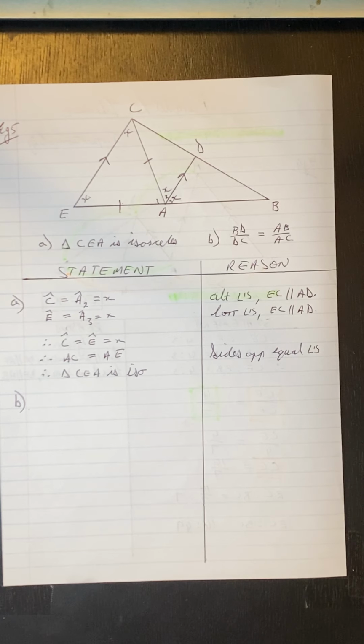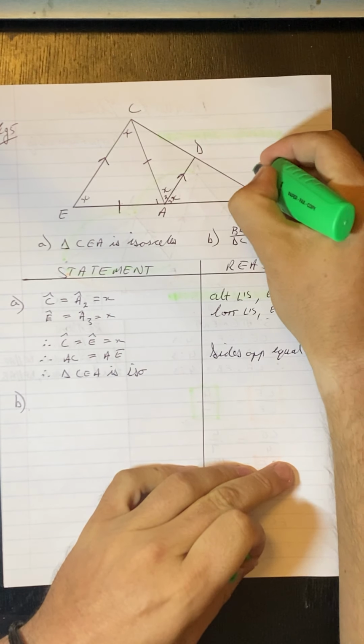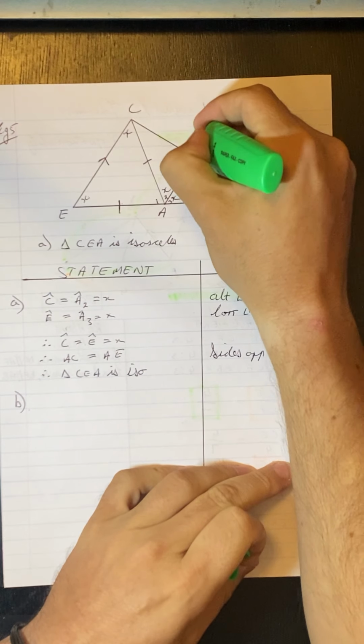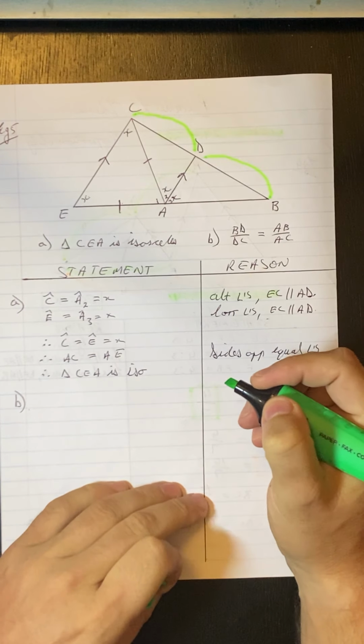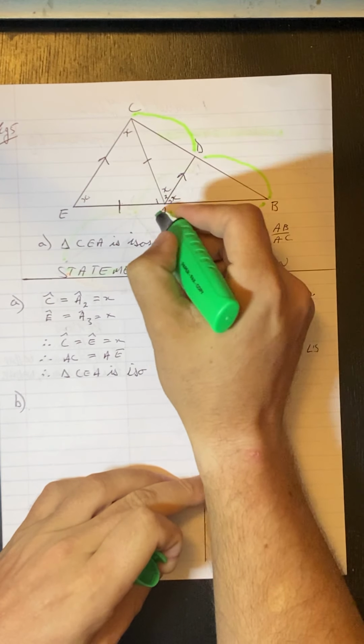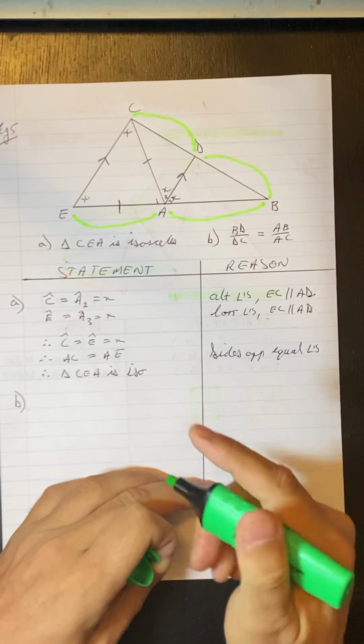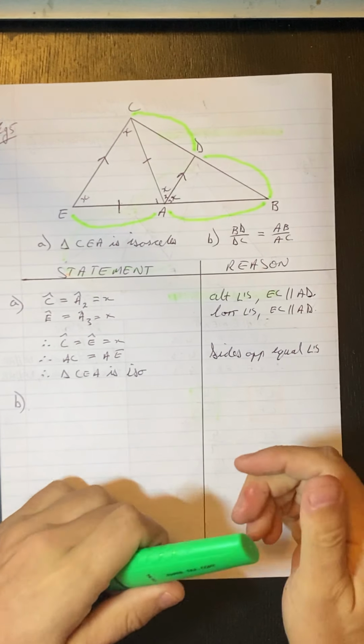Now, with question B, I'm going to use my parallel lines. So I know that BD to DC would be equal to AB to AE. Okay, line parallel to one side of the triangle. Now, how does that help me?